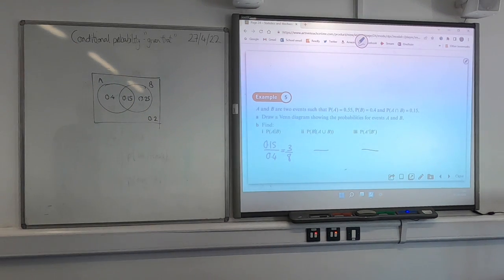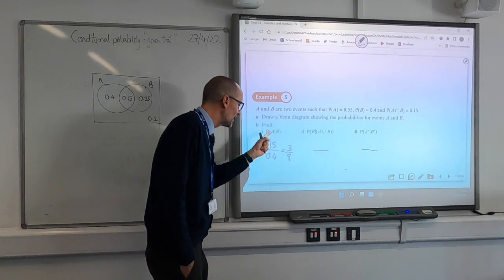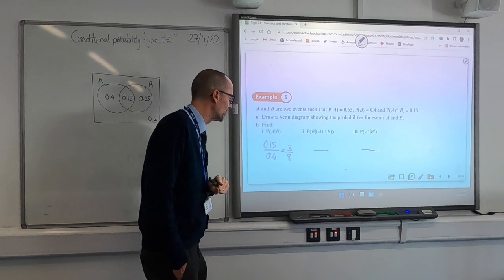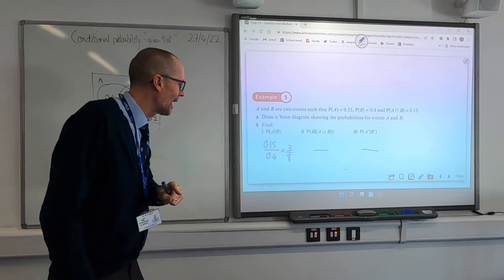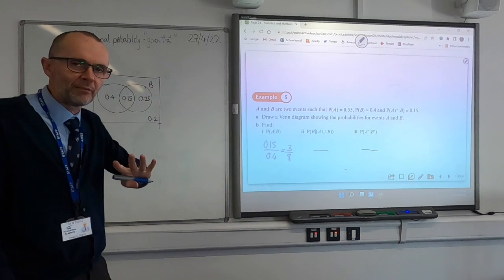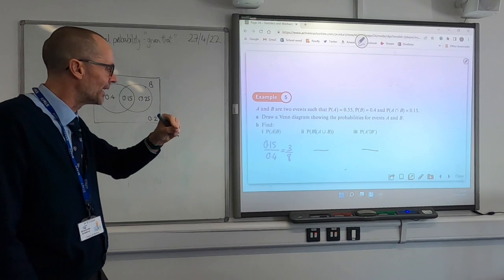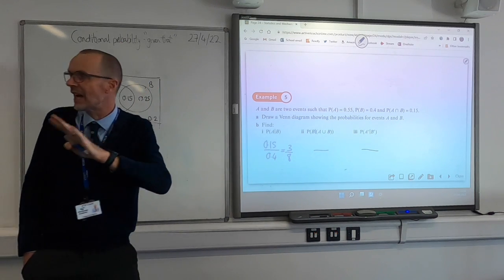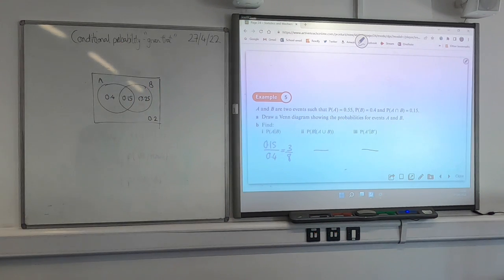So what's the probability of B? That goes on our denominator. And of that probability of B, which bit is also A? This is the probability of A intersection B, isn't it? In fact, we could write a formal rule for this.